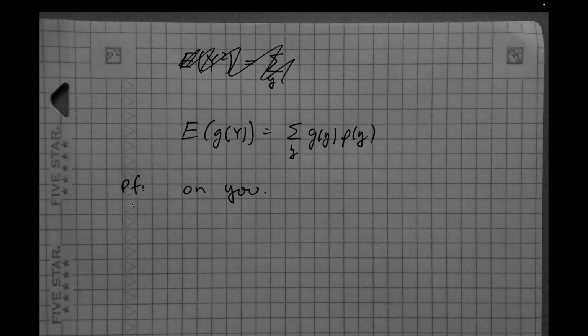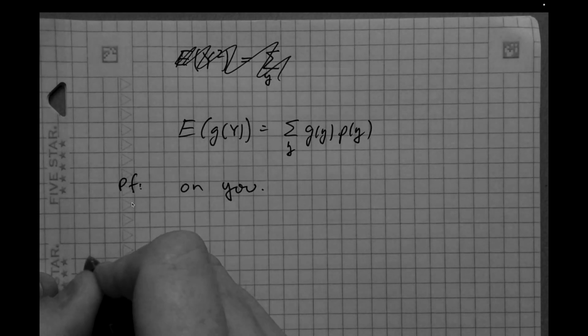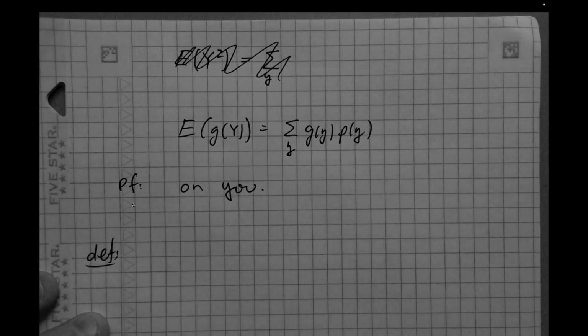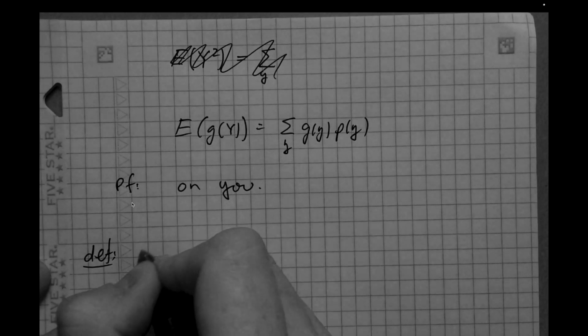Okay. So from this definition of the expected value and from this theorem that the expected value of a function of a random variable can be calculated, we can get to the idea of the variance of a random variable. Okay, and so let's go ahead and define the variance.